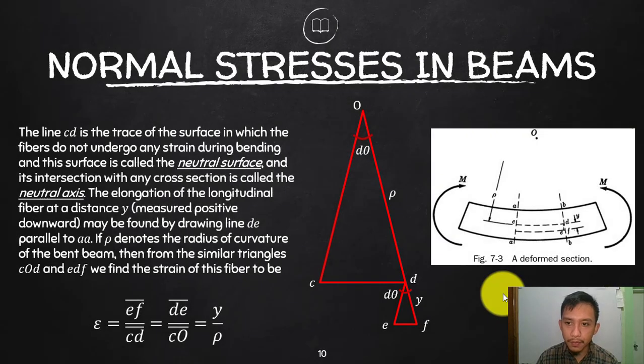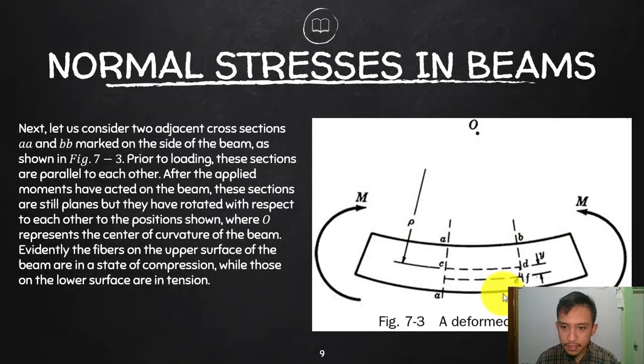Now look at this. This surface will actually be forming a small part or a small arc of a circular arc, same as the other fibers here.